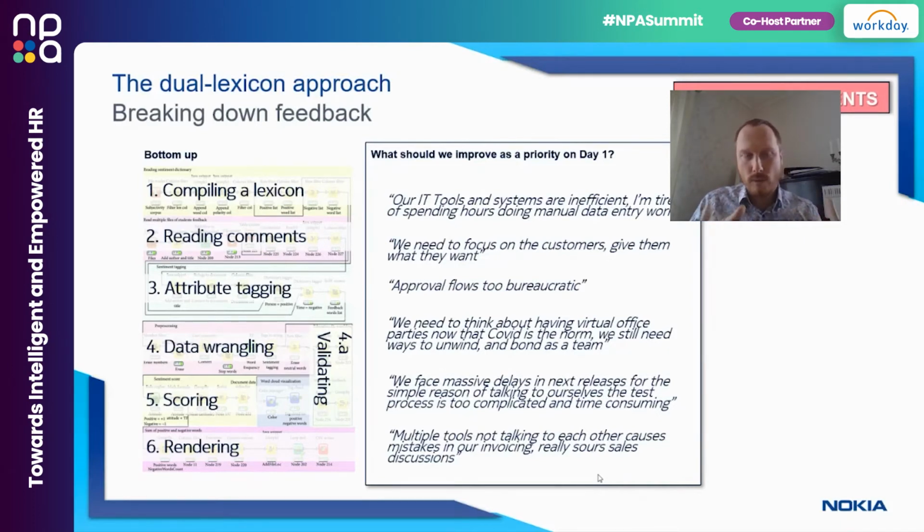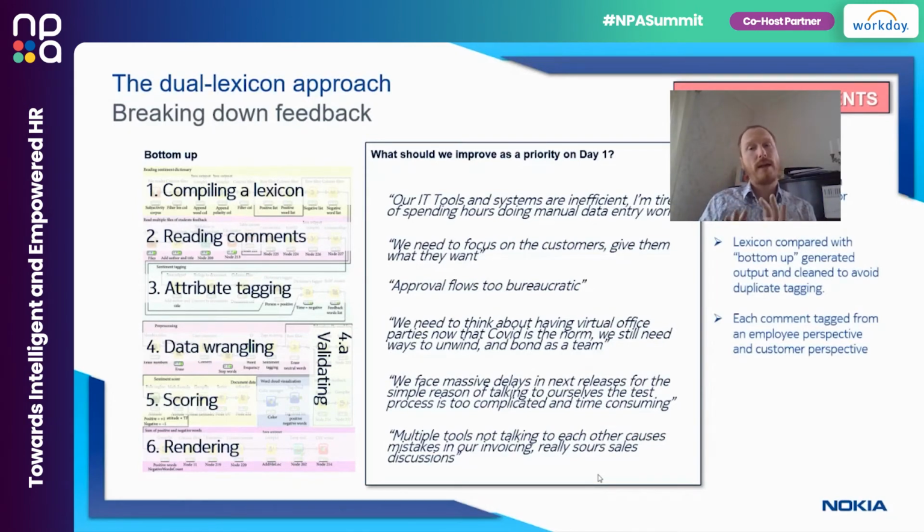So this is what we call the bottom-up lexicon approach. It's very standard. I think many of you will be familiar, at least with the process steps of conducting text analysis. The dual lexicon approach that we deployed, though, had another layer to it. So we also applied a top-down approach. Previously we'd done this bottom-up work before, but in a different part of the company. We'd actually done this for our customer surveys.